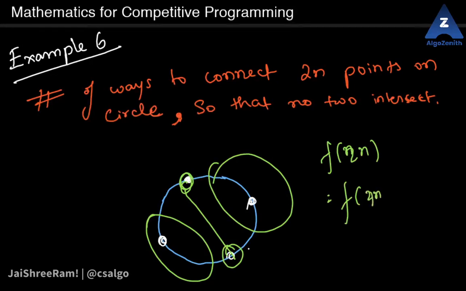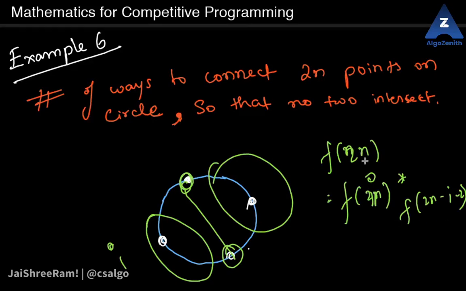Let's suppose this side has i number of points, and this will be multiplied by f of 2n minus i minus 2, right? This particular summation will only work when i is even, because the number of points to pair them up needs to be even. So f of i is only defined for even values, and we will have only even terms in both cases.